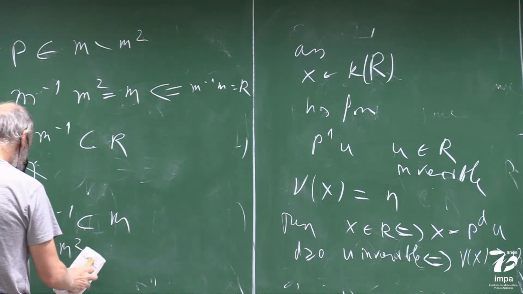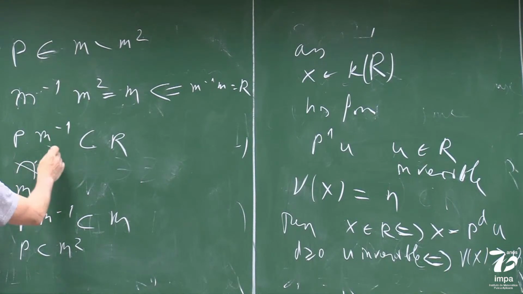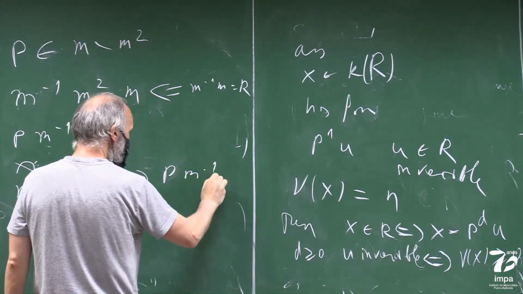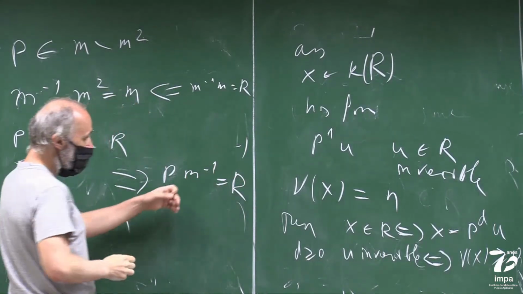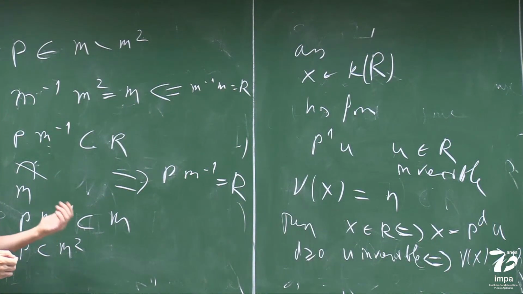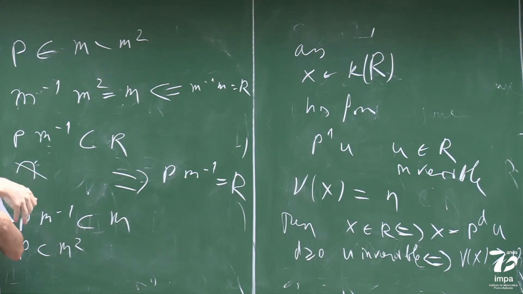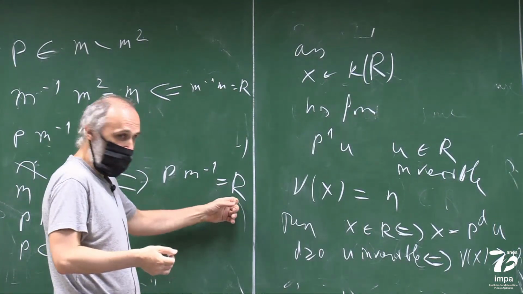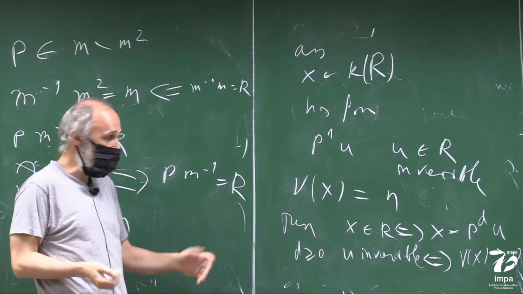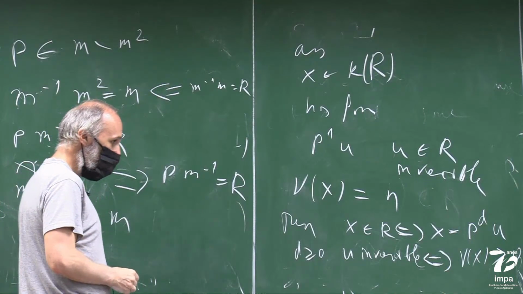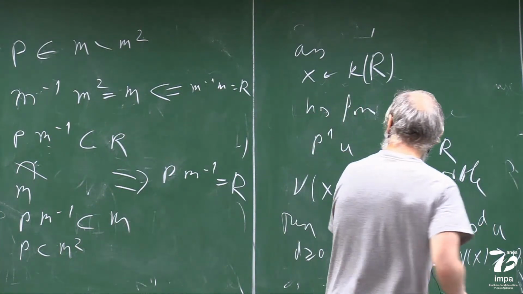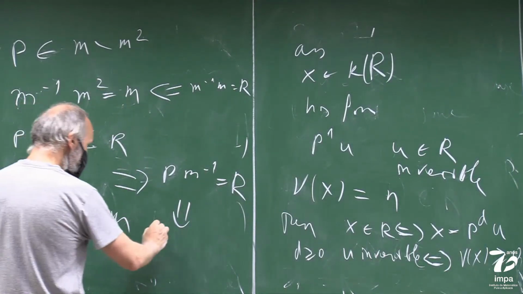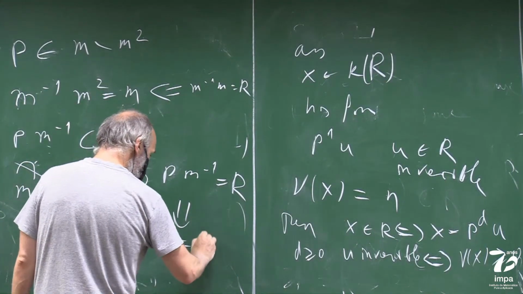So this means that p m^(-1) is equal to R. Indeed, this is a submodule which contains m, and it properly contains m. And anything between m and R is equal to R, unless it is m. Now we'll multiply both sides by m and obtain that p is equal to m.